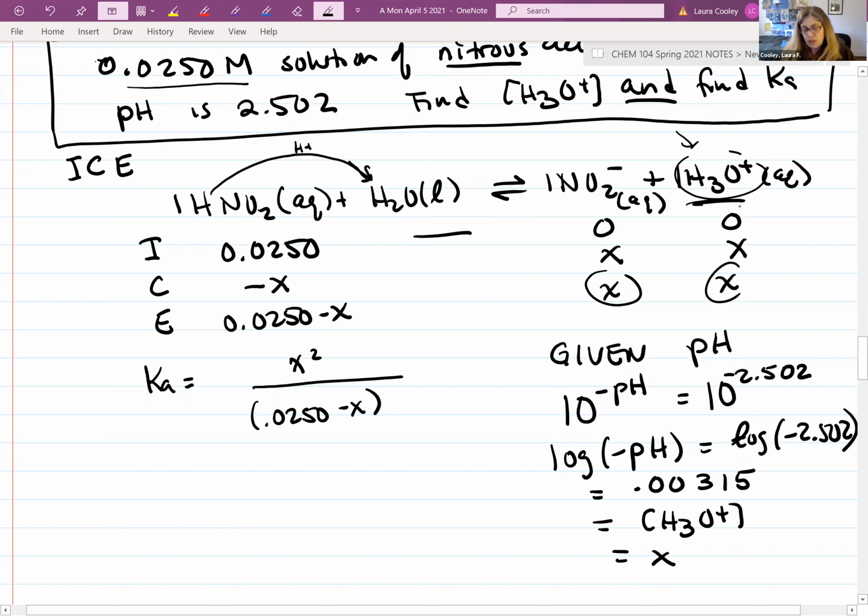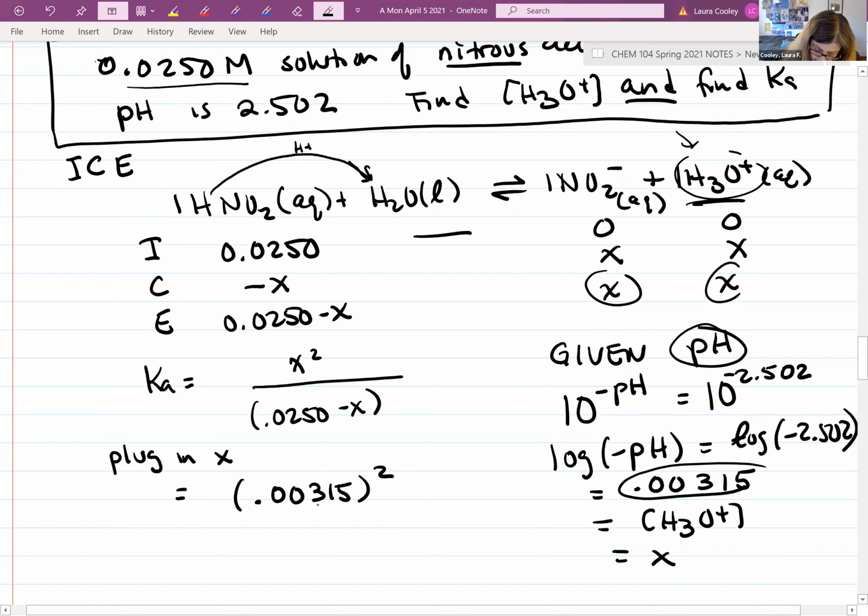You're given H3O plus by being given the pH. So now you simply plug in X: 0.00315 squared divided by 0.0250 minus 0.00315.